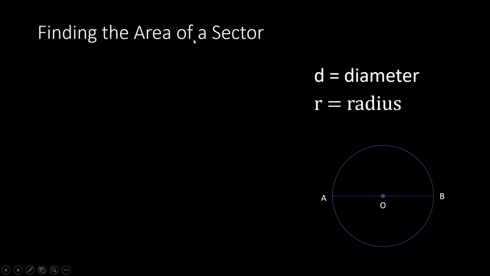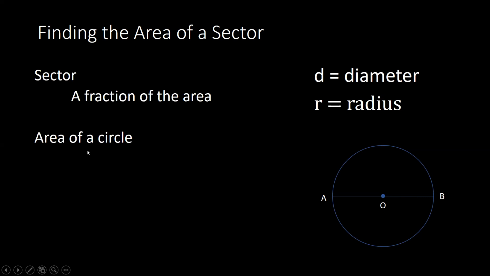To find the area of a sector, we can also find a relationship to the whole circle. If we can find the area of the circle and find out the proportion of this sector, then we should be able to find out the area of the sector as well. So as we can see, a sector is a fraction of the area.